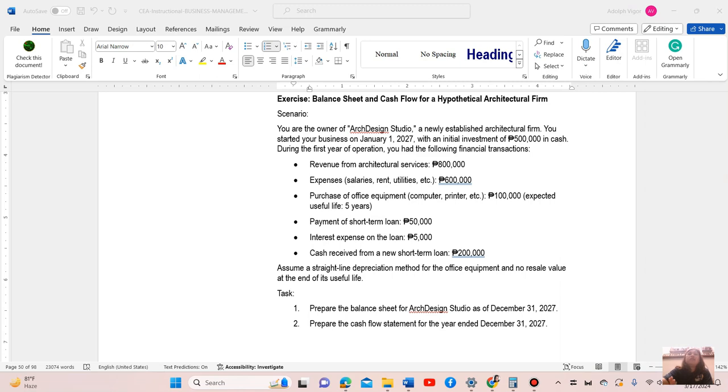As usual, there is no time limit for as long as the office is open, you can submit. But if it's closed, then it's already Saturday. If I have collected already, I will note who is late. Okay? Pray that I have not yet collected the original, so you will still be included in the original when you submit on Saturday. But if I have already collected, then it is clear that you are very late. Okay? There would be deductions on late submissions.